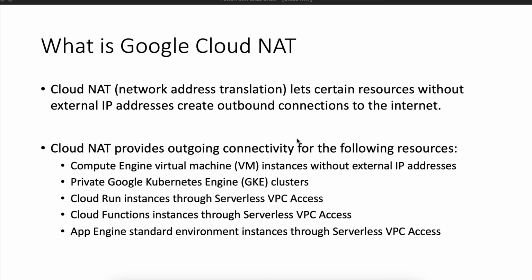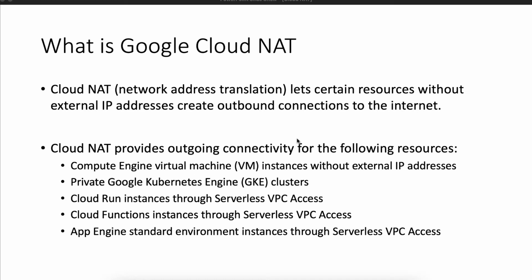So in that scenario, if you try to access anything on the internet from those virtual machines, it is going to fail. But let's say you want to run yum update, or Windows update, or you want to reach the internet and download some packages. Without a public IP address you can't.